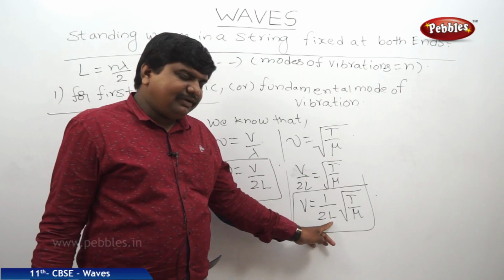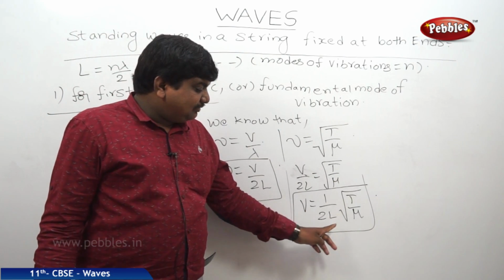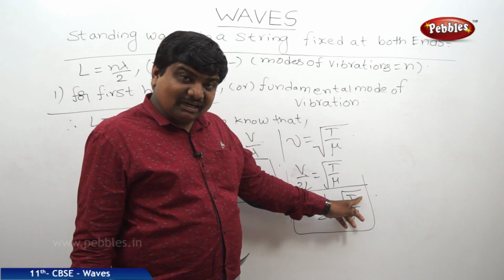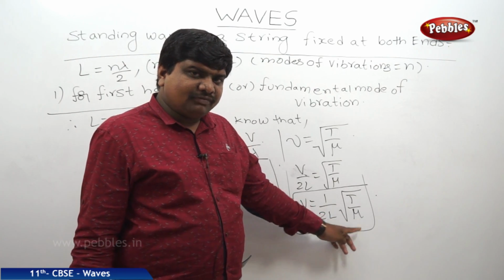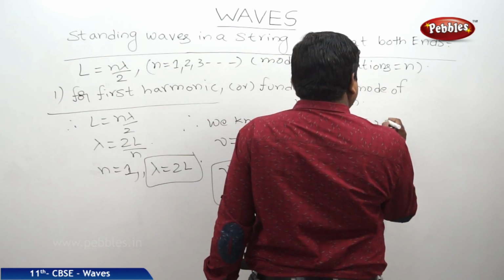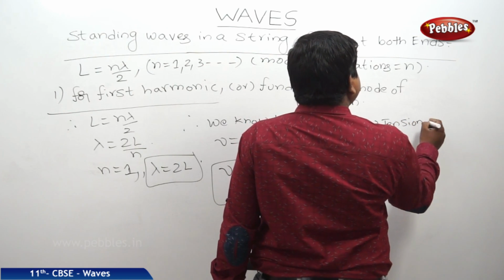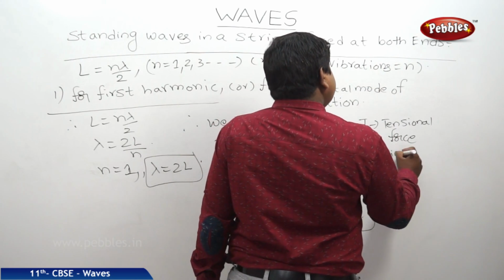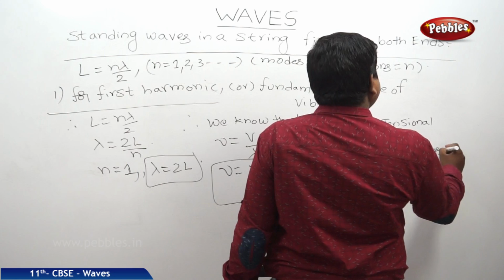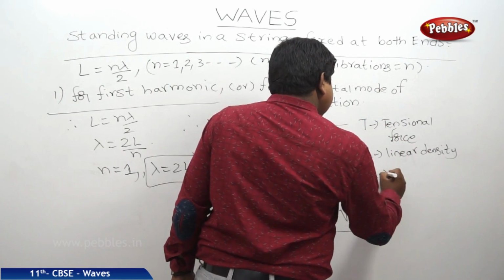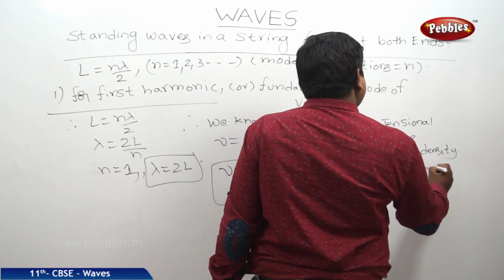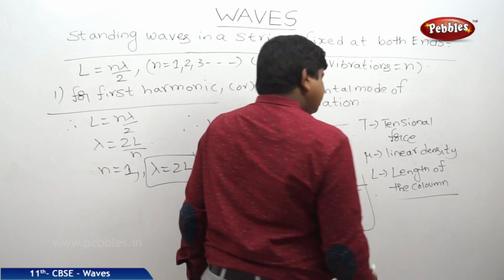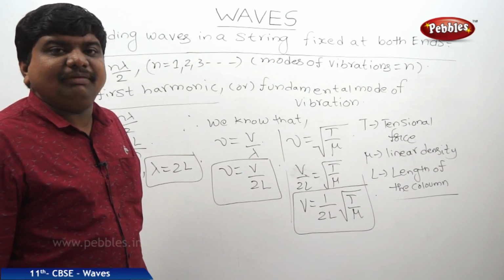So the frequency of a standing wave or stationary wave is inversely proportional to the length, directly proportional to the square root of the tensional force, and inversely proportional to the square root of the linear density. T is equal to tensional force, mu is equal to linear density, L is equal to length of the string or length of the column. This is the frequency of the fundamental mode of vibration.